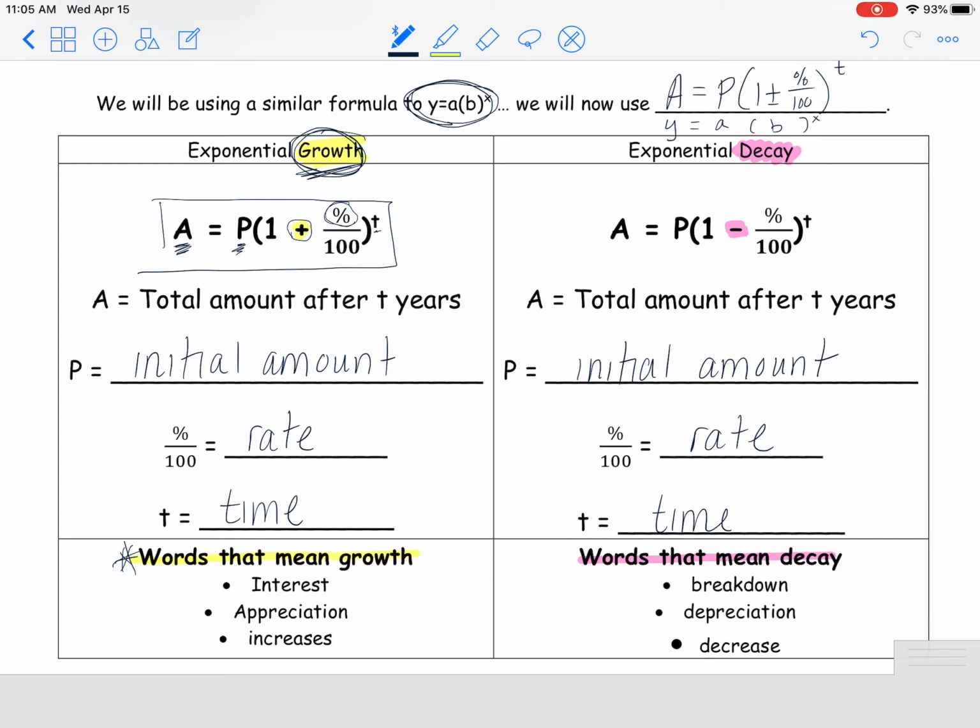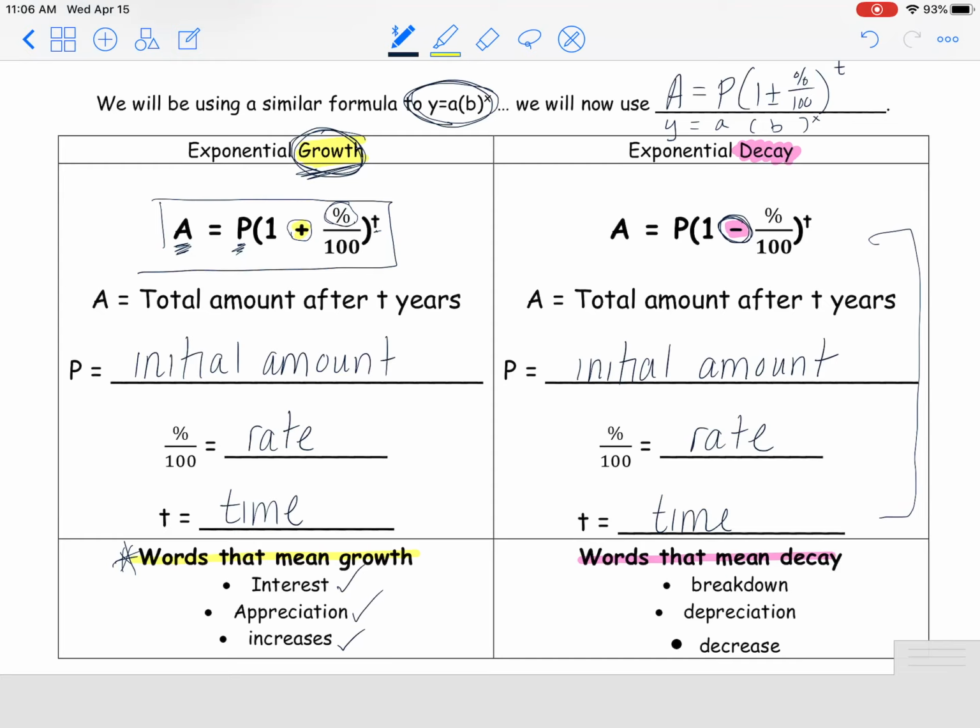So here's some words. So interest means growth. Appreciation, something that appreciates, is actually growing. Same thing if they use the word increases. Now, the only difference between growth and decay is going to be this part right here. If it's going to be decay, instead of a plus sign, you're going to have a minus sign. But everything else is going to remain the same.